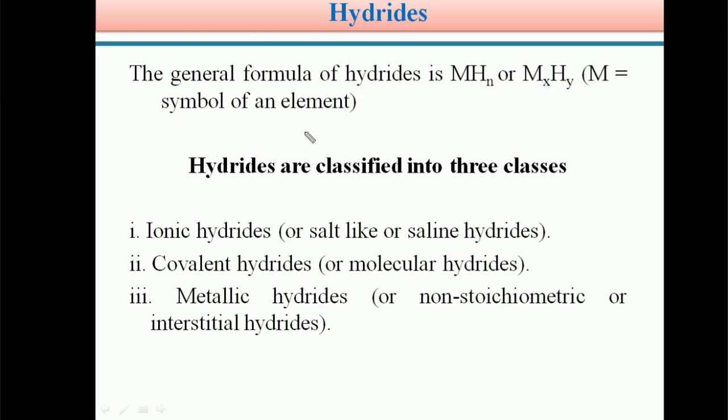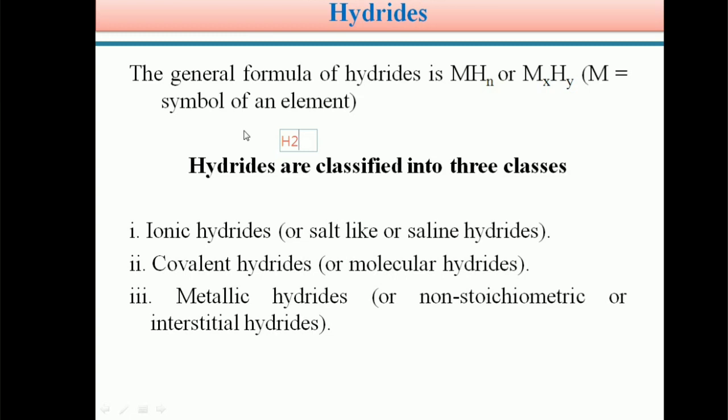So students, generally these hydrides are formed whenever dihydrogen, that is H2, under certain reaction conditions combines with other elements of the periodic table, almost all elements except noble gases.